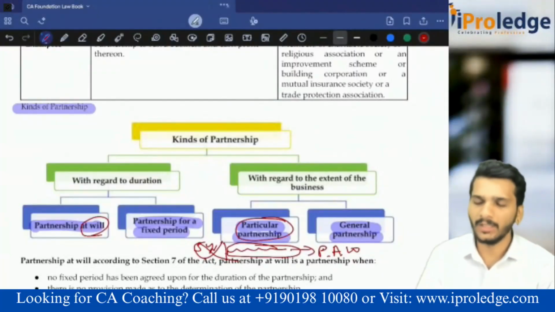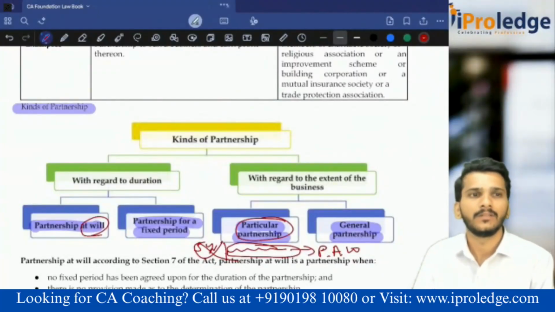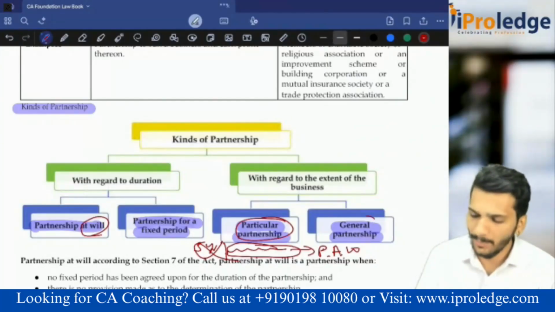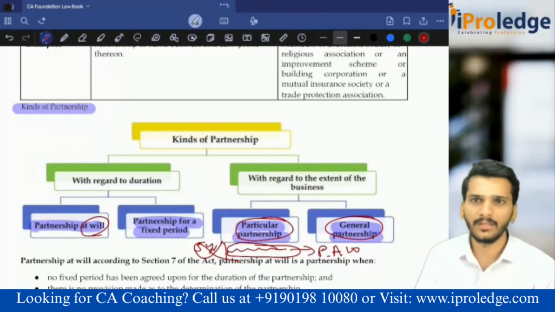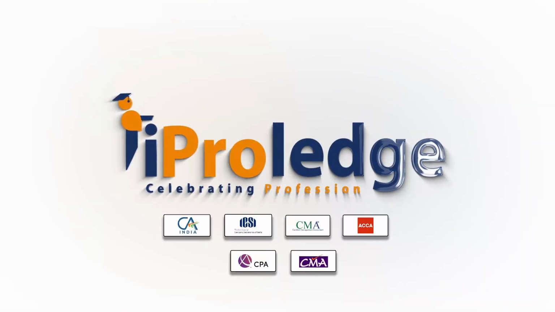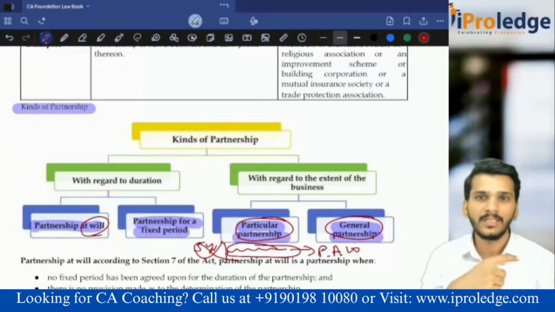Then particular partnership. What is particular partnership? The partnership which is established for the purpose of a specific business. And general partnership, there is no restriction on this type of business. Wherever they see an opportunity. The best example is not a partnership, but you can relate it to partnership: street vendors.